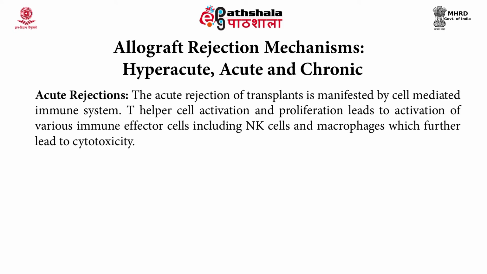In acute rejection, the transplant is rejected by the cell mediated immune system. T helper cell activation and proliferation leads to activation of various immune effector cells, including natural killer cells and macrophages, which further lead to cytotoxicity.